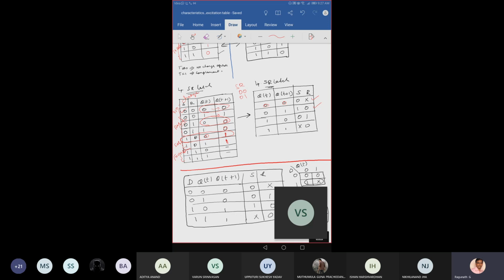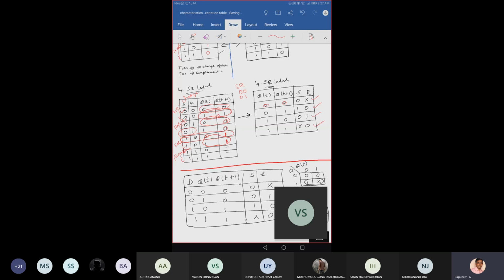If you want, I'll show you. No problem. So for 1, 0, what is the value? 0, 1. And for 1, 1, there are two cases. This is the first case, here 0 and 0, and this is the second case, 1 and 0. So 0, 1 means X and 0 means 0.